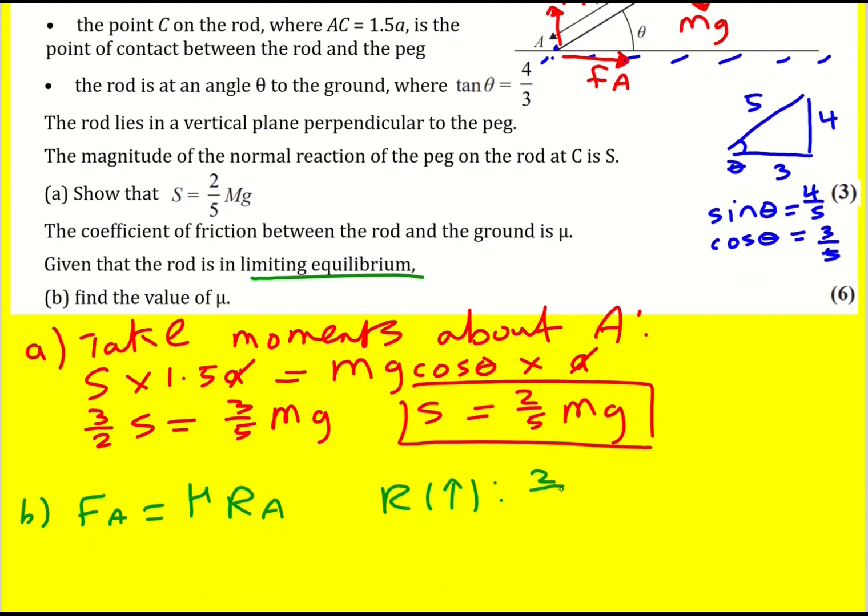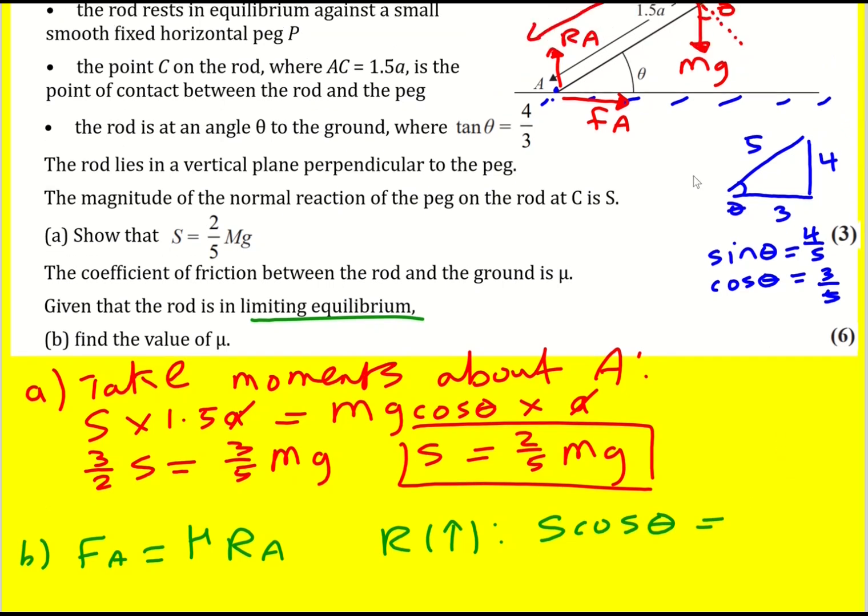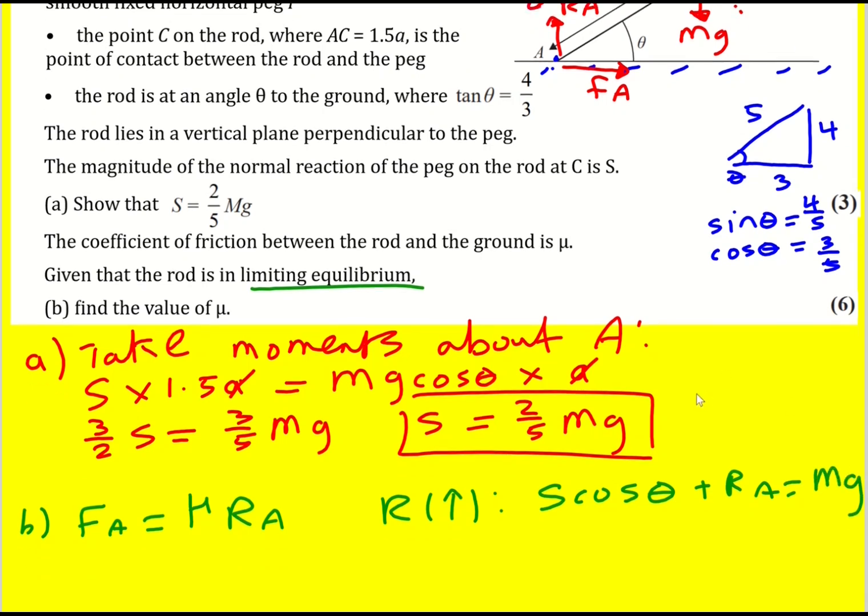So I can say that 2/5 mg. Wait, I'm going to substitute in for it in a second. Let's just write down S cos theta, and that is going to equal, oh, sorry, plus RA, because I've got that force going up as well. That is going to equal capital mg.